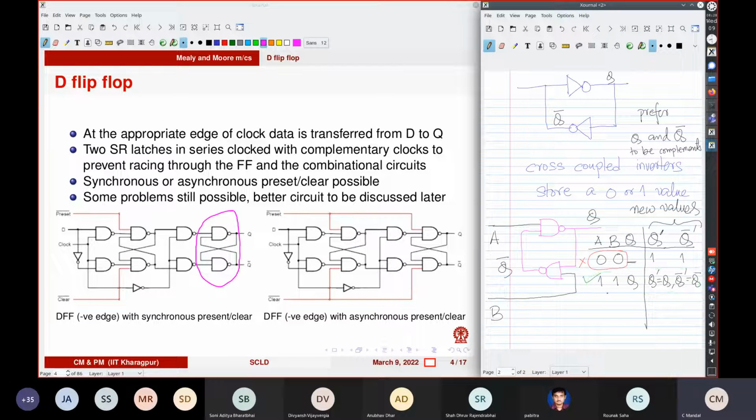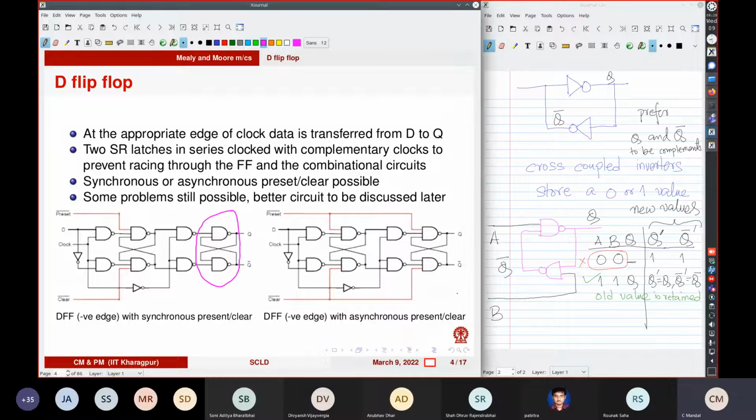I'll just write: old value is retained. So that's useful. You are able to retain its old value.